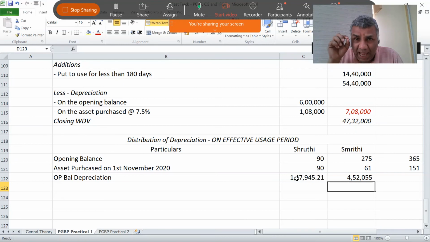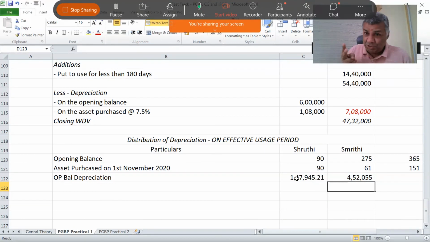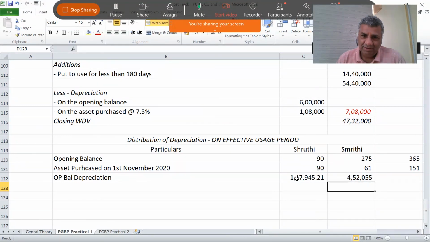The usage period wise, I did not compute it like that. At the time of computation, I did the normal thing. But when it comes to distribution, it is distributed on the basis of effective usage period. That is where I need to find out how many days they are using.